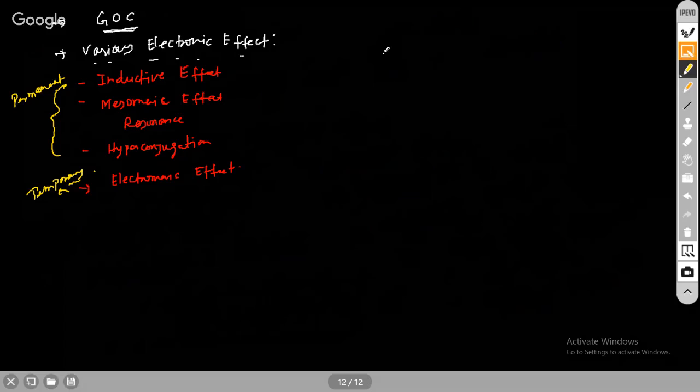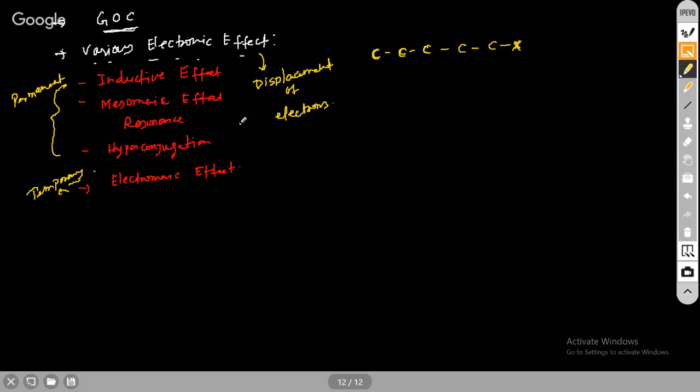Suppose I take one molecule like C-C-C-C and X, halogen. Electronic effect is nothing but the displacement of electrons, how electrons are displaced from one point to another point.